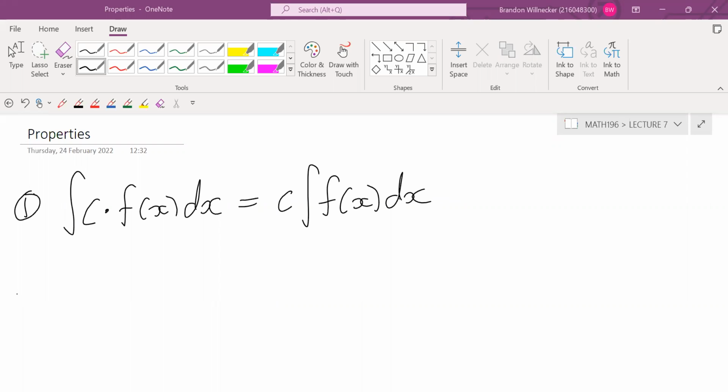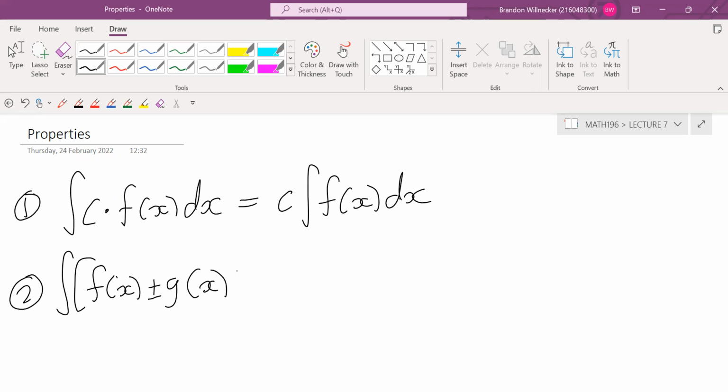Number 2, if I have the integral of f of x plus or minus g of x dx, this is equal to, again, remember what we did with antiderivatives. If I gave you a polynomial and I asked you to find the antiderivative, remember you can find the antiderivative by finding the antiderivative of each term individually.